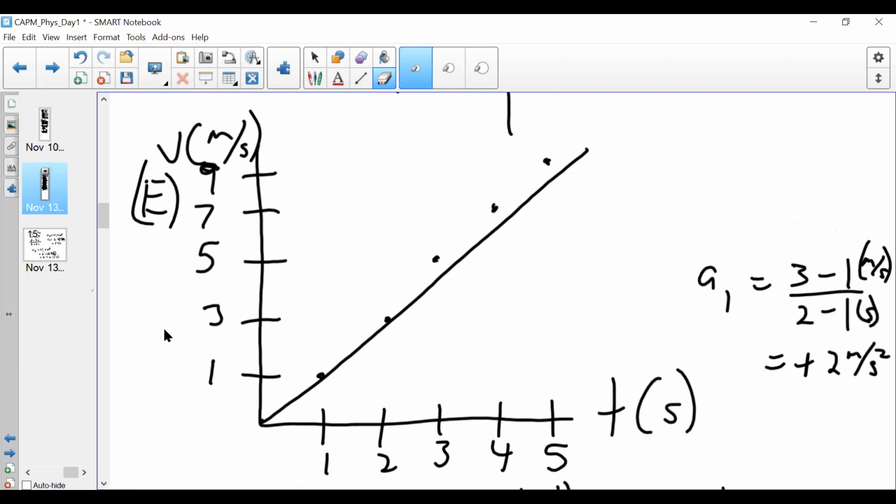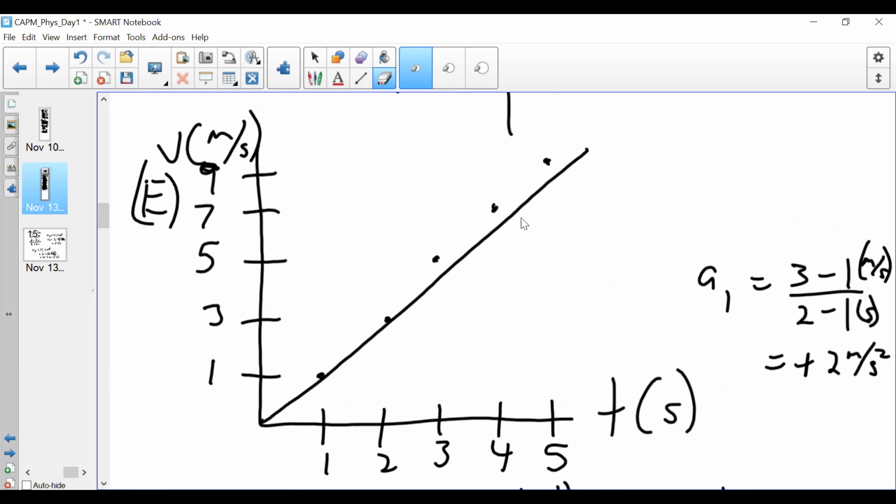What we notice is, anybody want to take a guess at this?